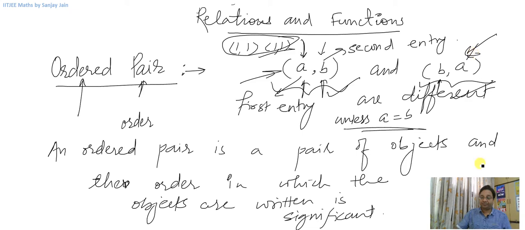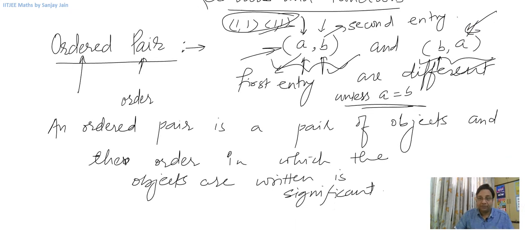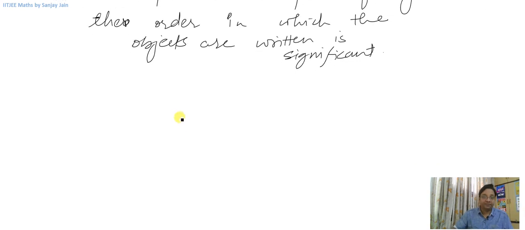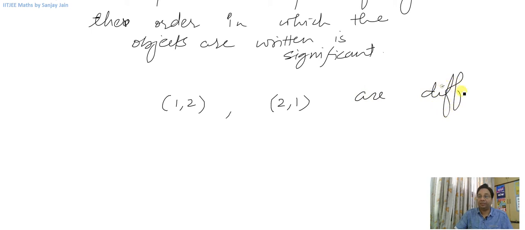That is the significance of ordered pairs. So let us say if I write 1 comma 2 and 2 comma 1, right? These are different ordered pairs, right? They convey entirely different meanings.